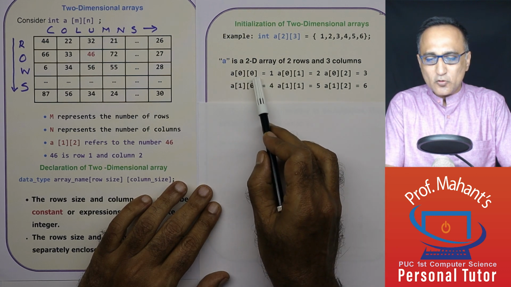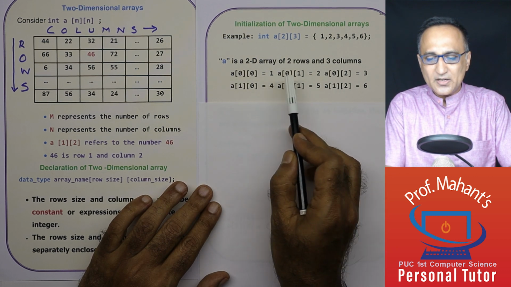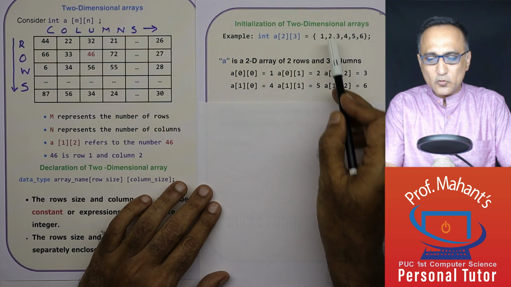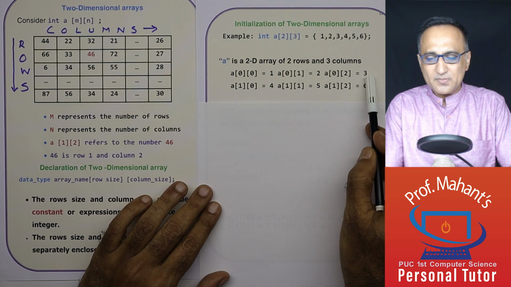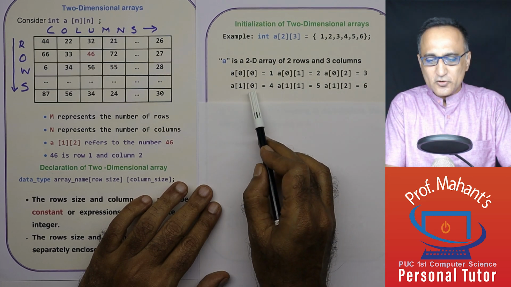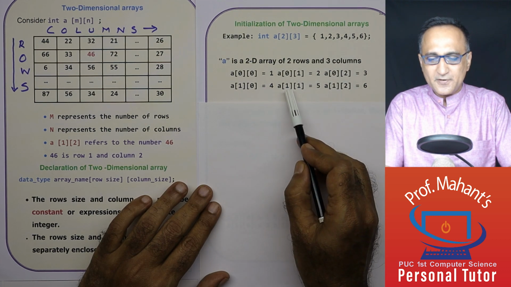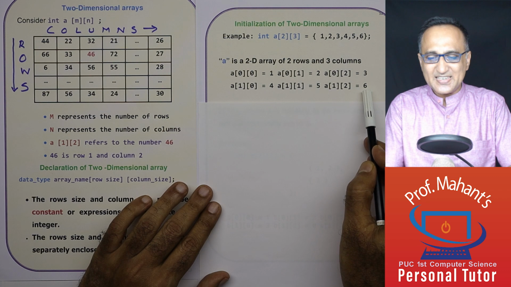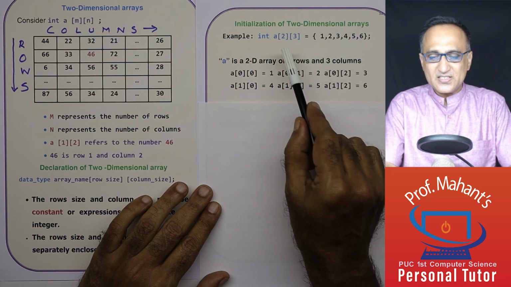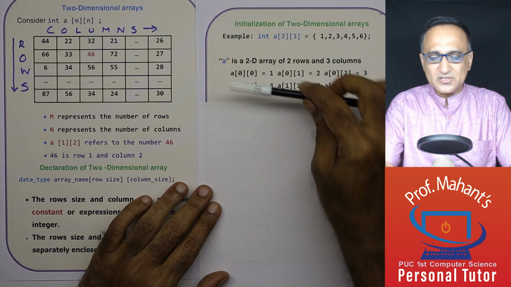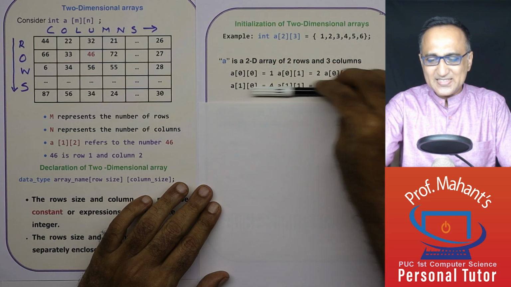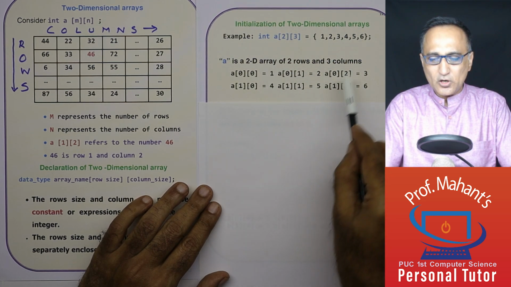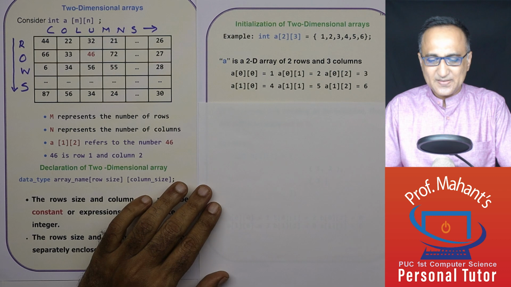So in the 0th row, 0th column is 1, 0th row first column is 2, 0th row second column is 3, first row 0th column is 4, first row first column is 5, first row second column is 6. So if you see here, since I have said 2 rows and 3 columns, I have had 2 rows like this and I have had 3 columns represented like this.